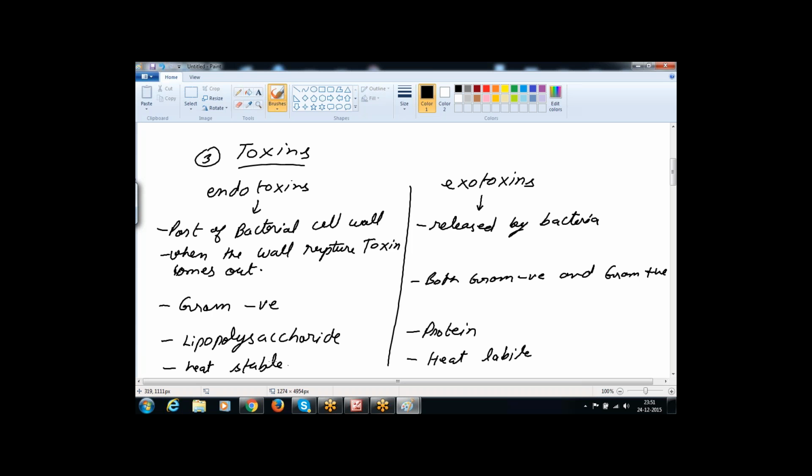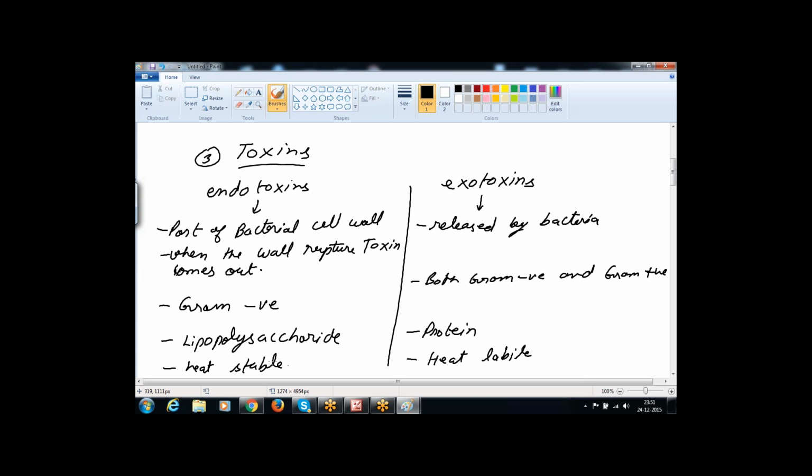Proteins coagulate on heating. You can take the example of an egg. An egg is liquid when raw, but when you cook it, when you heat it, it becomes solid. Why? Because it is rich in proteins and proteins coagulate on heating. But they get denatured and become non-functional. So exotoxin is protein.